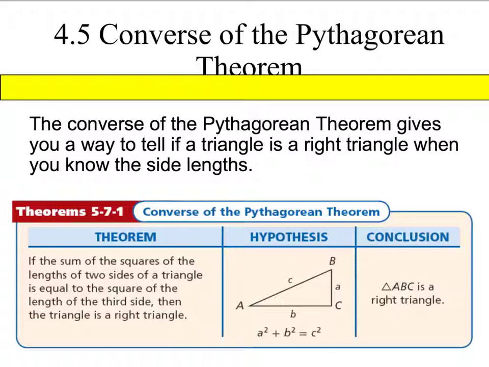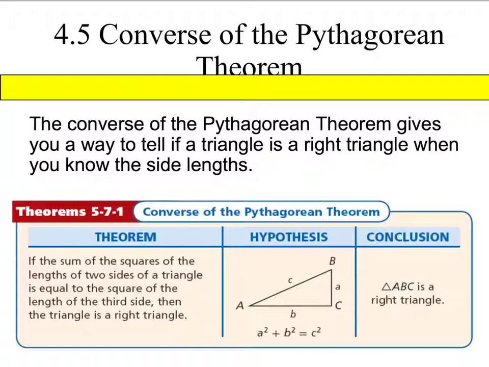So in other words, if you know that a squared plus b squared is c squared, then it is automatically a right triangle. There's no new formula that you have to know.